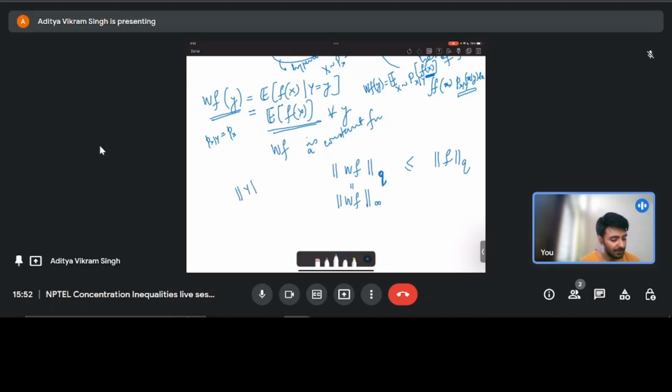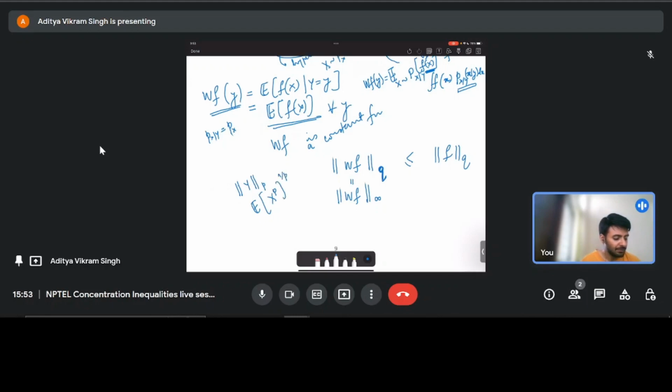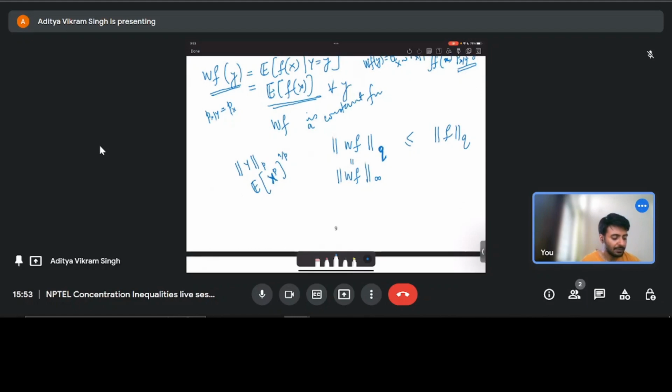Okay, so what are these norms? Suppose we have this y here. What is this pth norm of y? This is just the expected value of x to the power p, to the power 1 by p, right? And suppose x is a constant, say x is equal to 5.